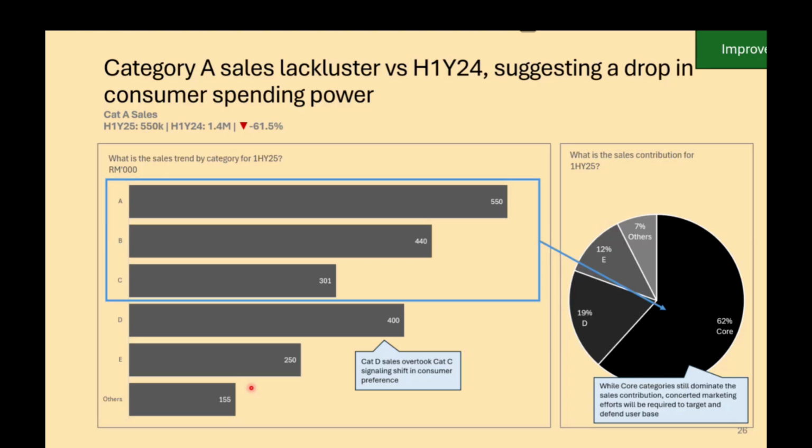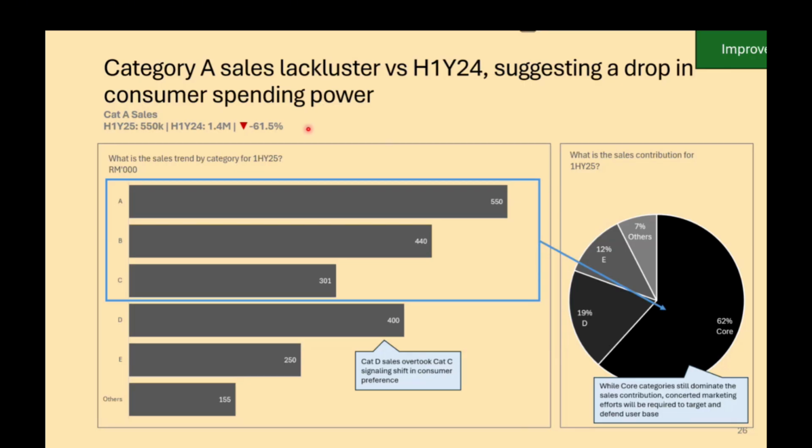Okay. And here is where I also have a supplementary visual card over here to explain to you when I say lackluster versus last year, what exactly do I mean by that? But I am not going to have it in big bold on your face kind of thing, because this is just a reference for those people who are more of the C type.